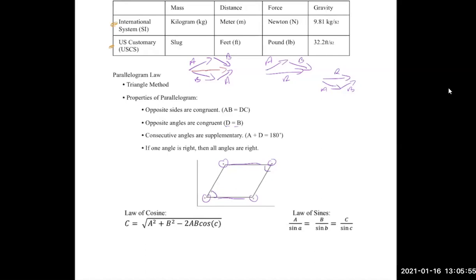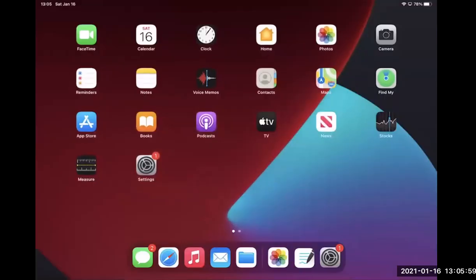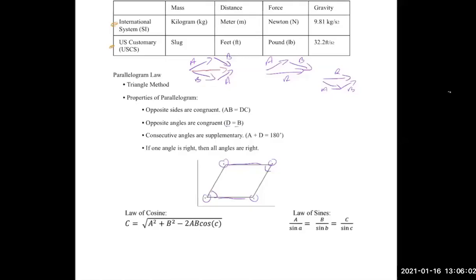And consecutive angles are supplementary, which means that A plus D equals 180, or B plus C equals 180. Those are just some important things you already know from geometry, so I'm not going to talk too much about it.